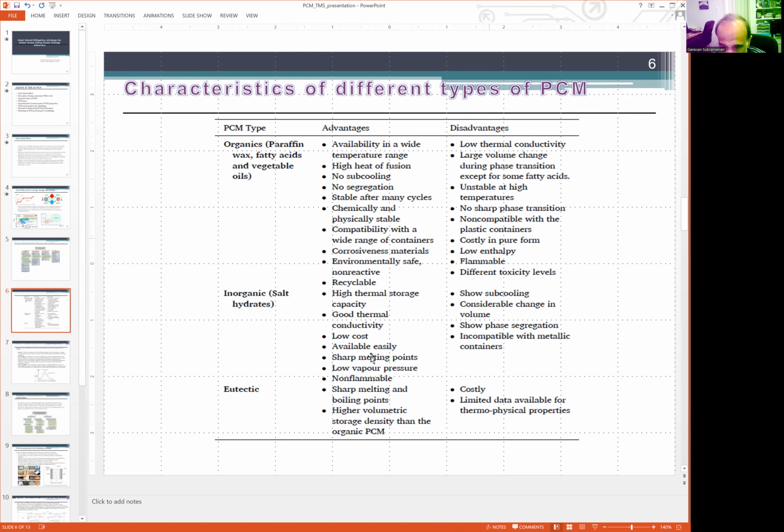Now, the eutectics, by contrast, have very sharp melting points and boiling points, high volumetric storage density, but they are expensive. There's limited data available for thermophysical properties.